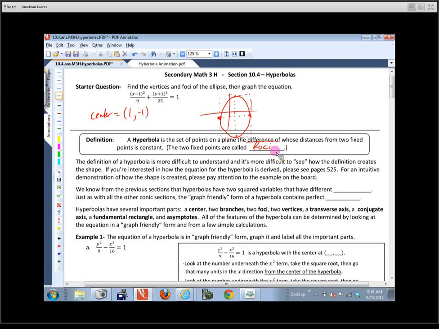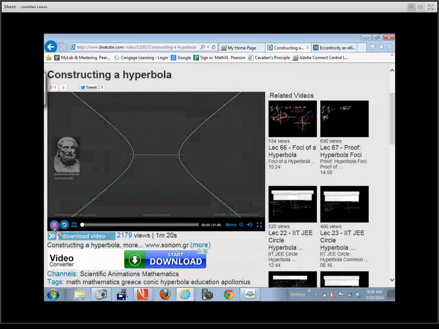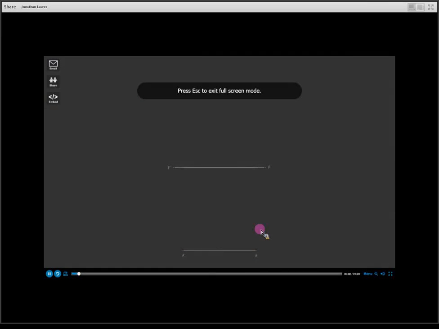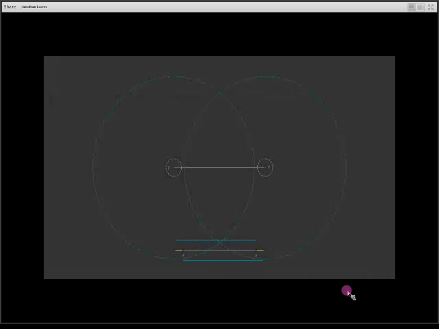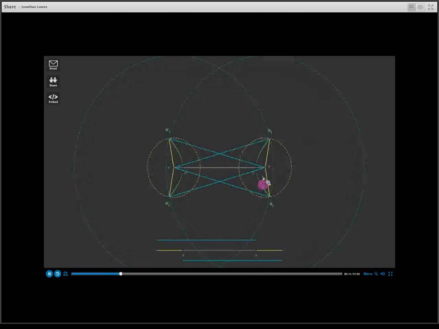Okay? So I'm going to pull up a little animation here. Okay? And those points where those lines intersect. So the hyperbola is this piece right here.